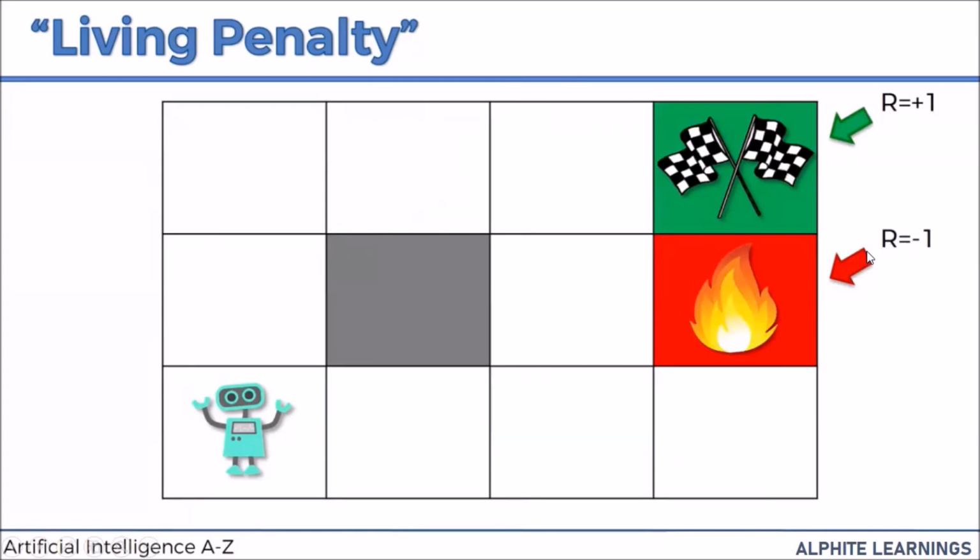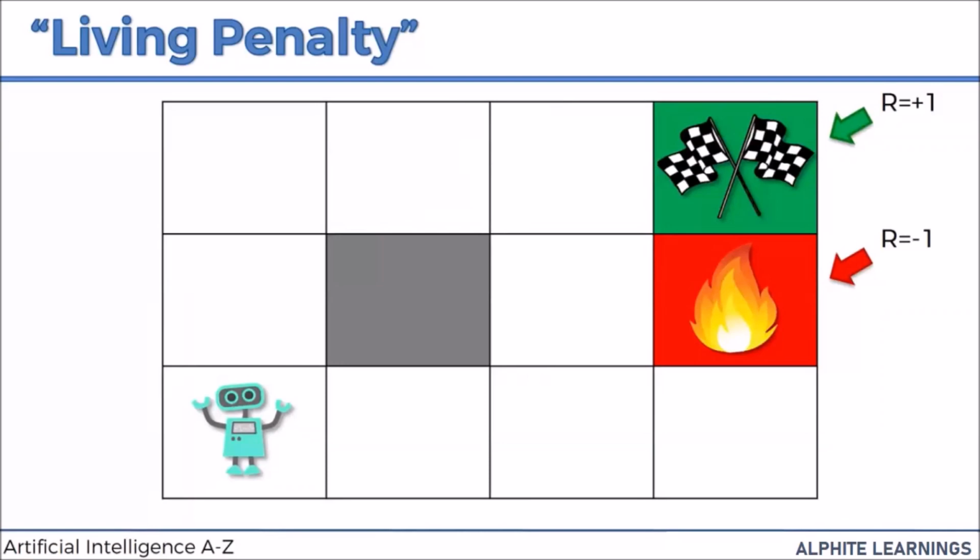So what we are going to do now is give some penalties to the agent, so that it won't take the longest path. We'll add some more restrictions so that it considers those assumptions too.